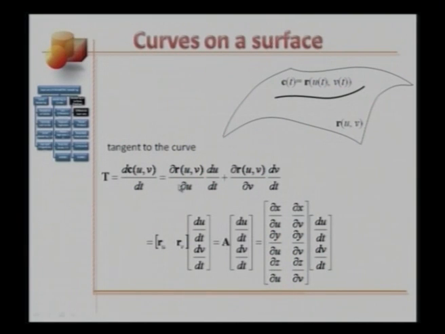R sub u is given by partial r over partial u. R sub v is given by partial r over partial v. And then in the column, you'll have du over dt and dv over dt. You can think of writing this row vector as bold A, and then we have this column vector right here.